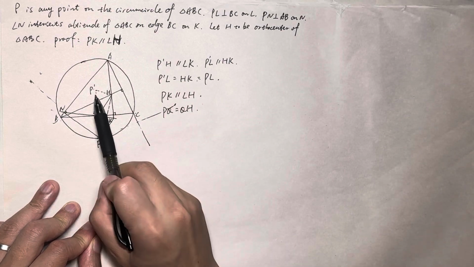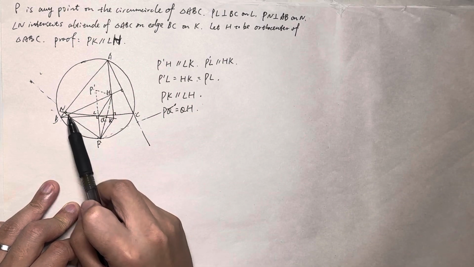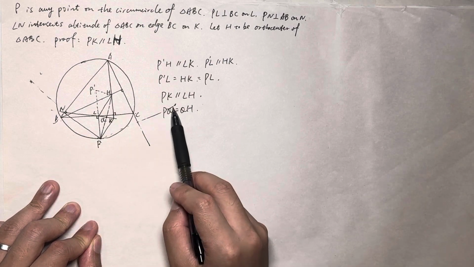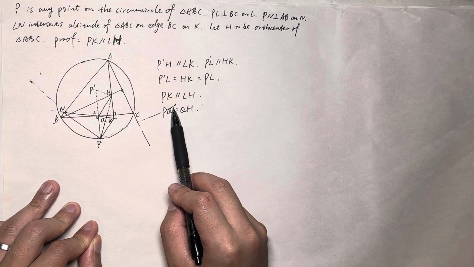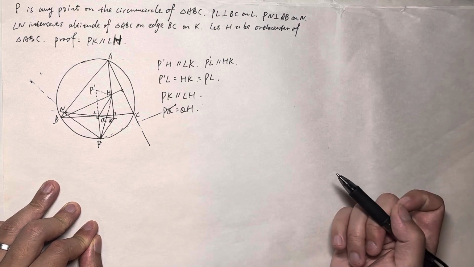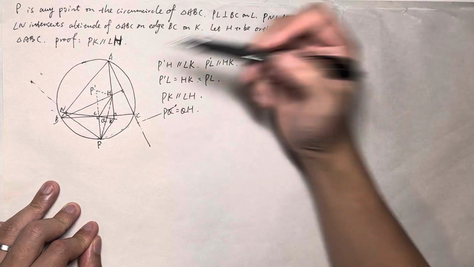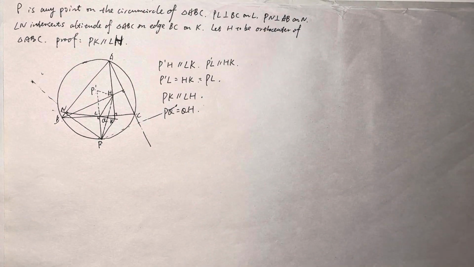And we know that P prime H is parallel to the Simson line, which means these four points are collinear. So all the symmetrical points and H are collinear. That's a very interesting property of this problem.